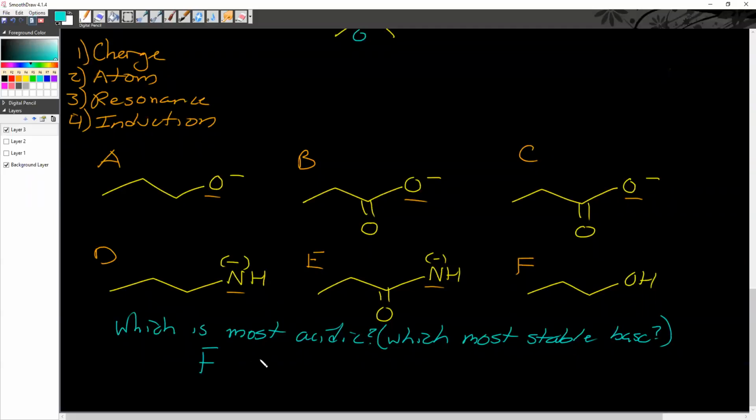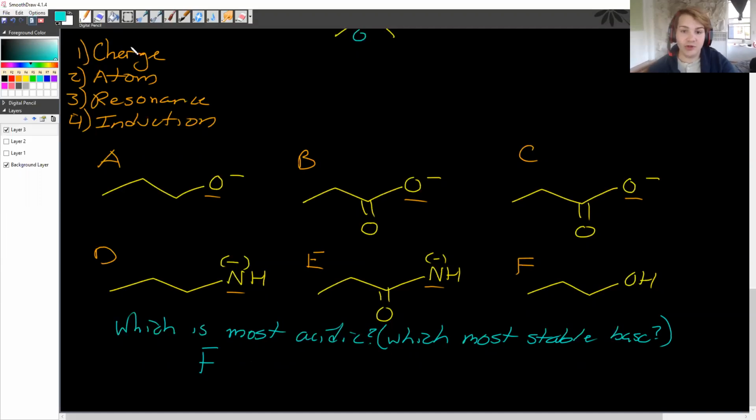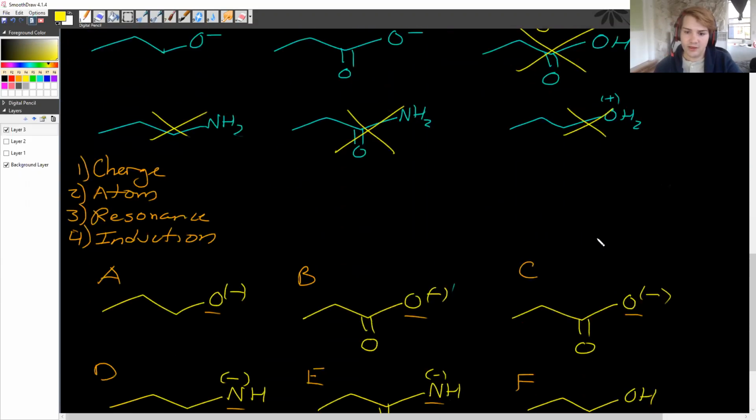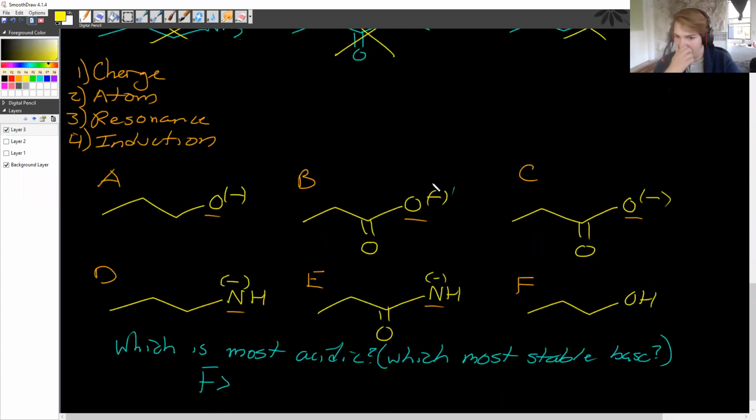Same question. Compared with our charge, F is the only neutral thing. We know neutral is more acidic than negative, so we know F is going to go first. Then we see we have oxygen, oxygen, oxygen versus nitrogen, nitrogen, and we know that oxygen is going to be better than nitrogen.